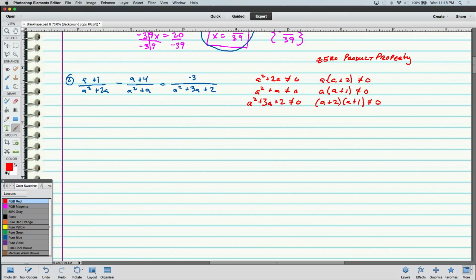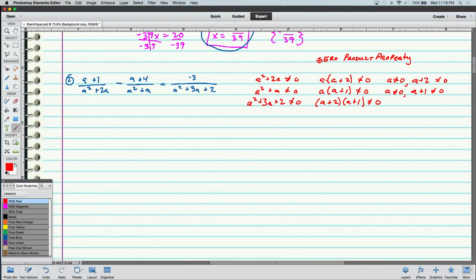So a cannot equal 0, and a plus 2 cannot equal 0. Here, same thing, a cannot equal 0, and a plus 1 cannot equal 0. And here, we could do the same thing, but we're going to get the same exact answers as these two, so we really don't have to do this.